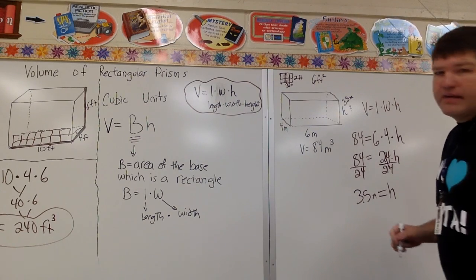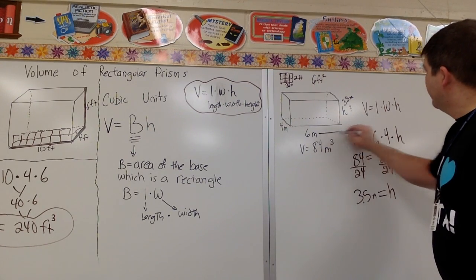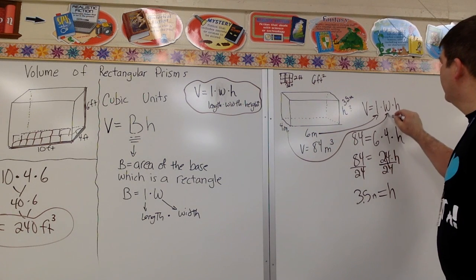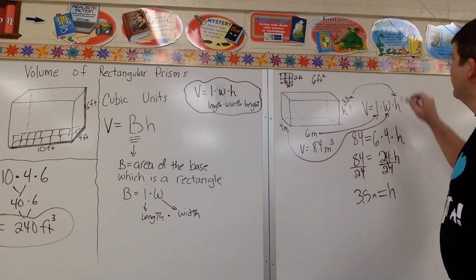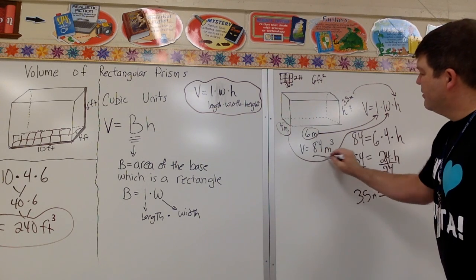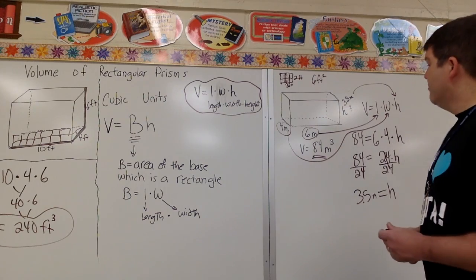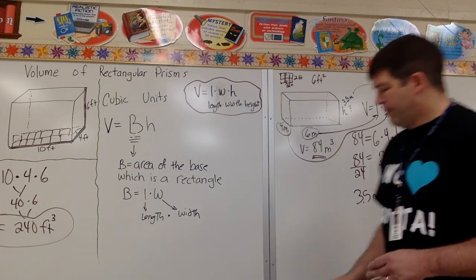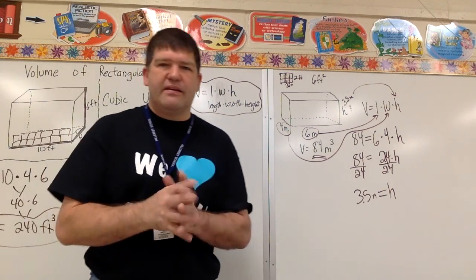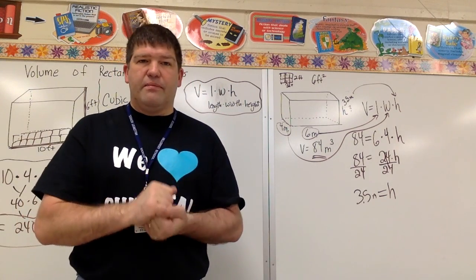Now, I could check it by putting my length in here, my width in here, and now that I have 3.5, put it in here, times this by this by this, it should get me that 84 meters cubed. So this is just a real basic introduction to it.